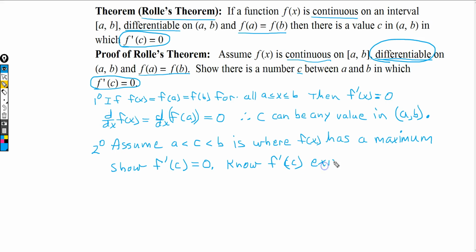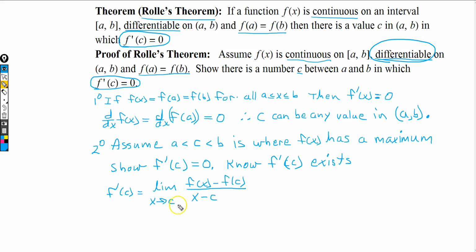Now let's look at the limit definition for the derivative then. So f prime of c would be the limit as x approaches c of [f of x minus f of c] over [x minus c]. That's one version of our limit definition for the derivative.